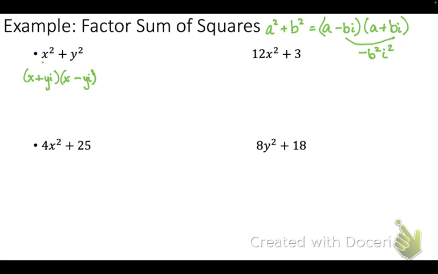Okay. So now I have 12x squared plus 3. I need to factor it. Can you take a 3 out? I definitely can take a 3 out, right? Yeah. So then I have 4x squared plus 1. So now can I factor that?